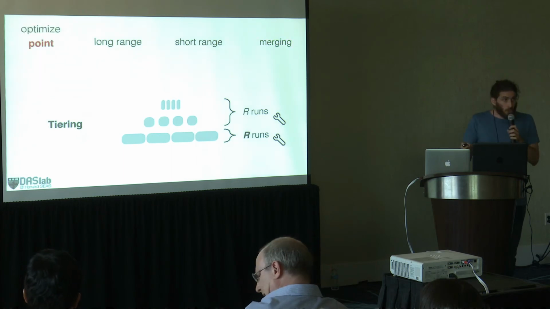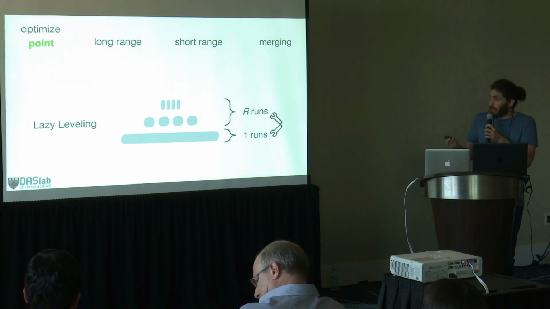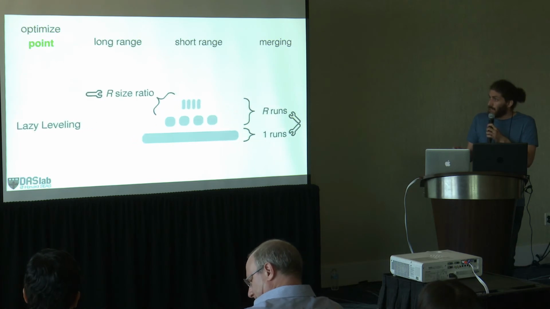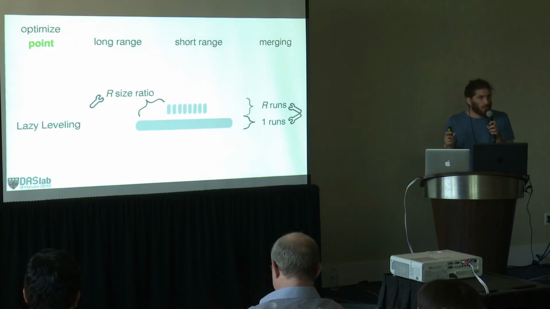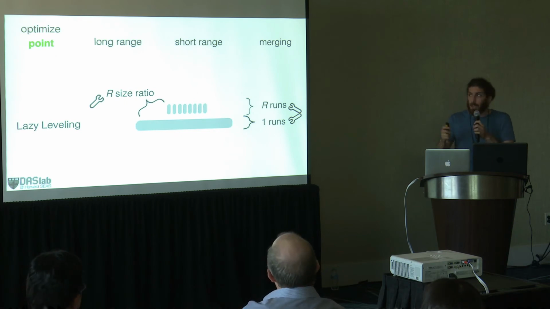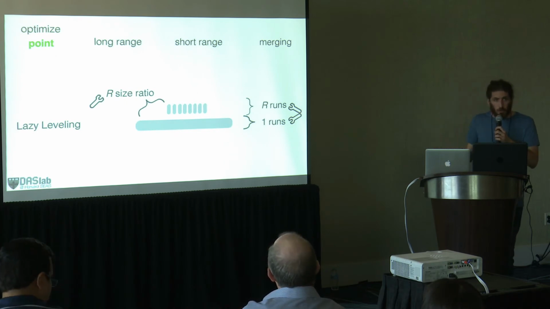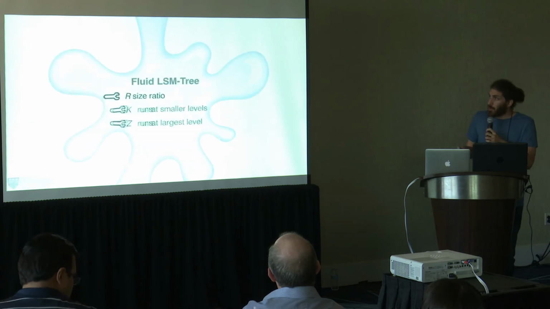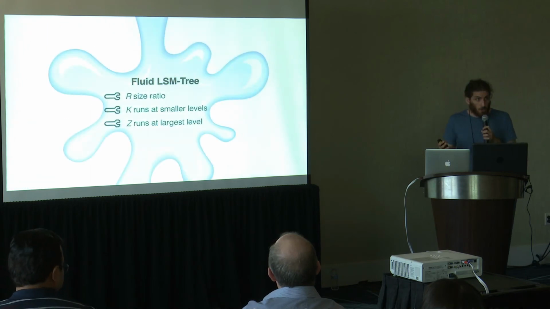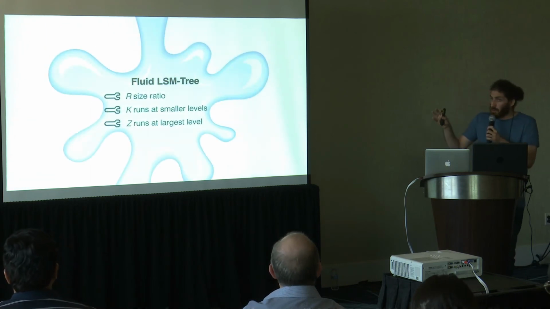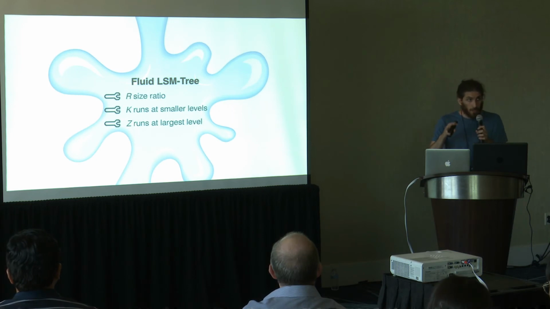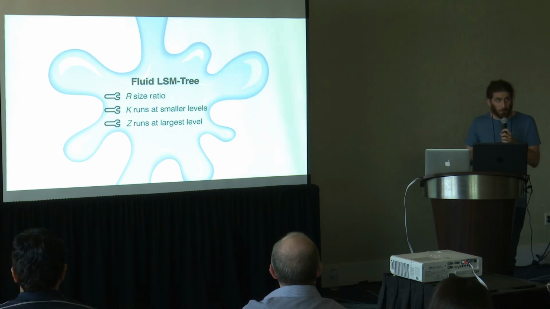Suppose we want to optimize more for point lookups. To do that, we can get back to lazy leveling. Now we can increase the size ratio to decrease the proportion of entries at the smaller levels, and that's going to be good for our point lookup cost. So overall, fluid LSM-Tree has 3 parameters: the size ratio, the bound on the number of runs at each one of the smaller levels, and the bound on the number of runs at the largest level.